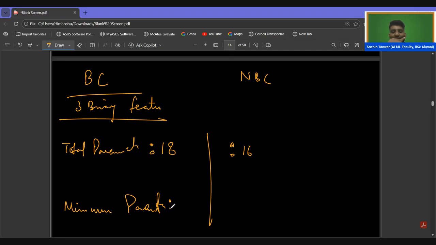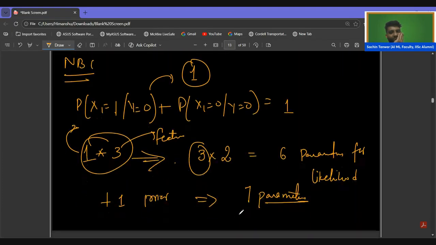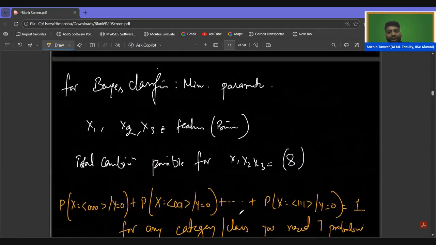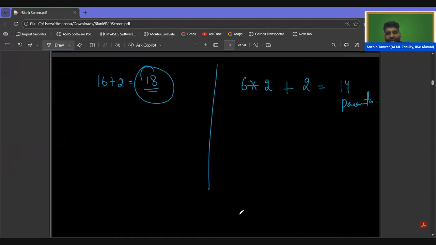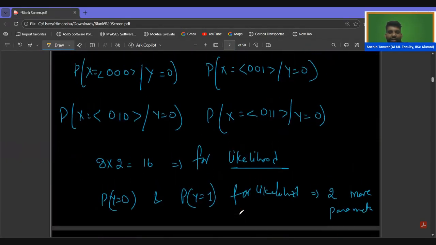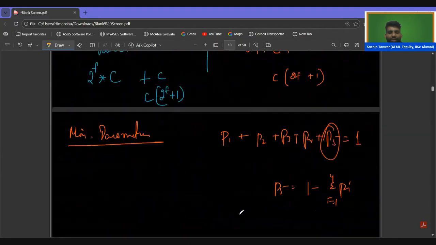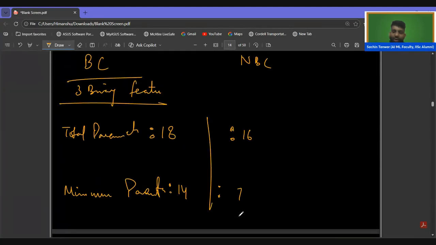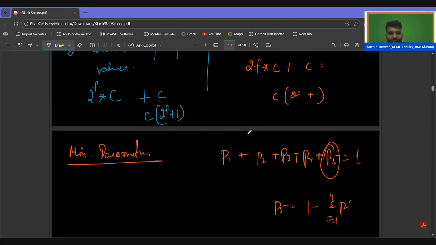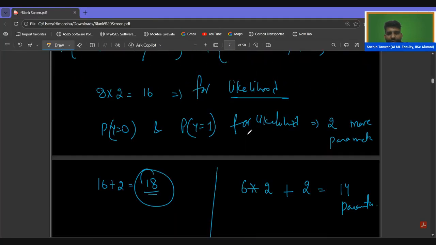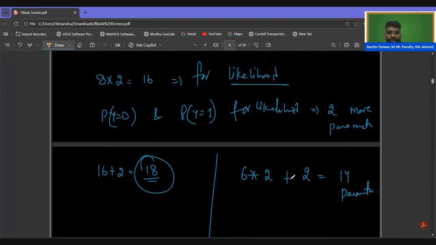Over here, we just calculated it: we were getting around 14 and we are getting 7. So I hope you can see the minimum parameters would be much lesser. Yes, it was 14, my bad, for Naive Bayes class. Yeah, we were getting this only.